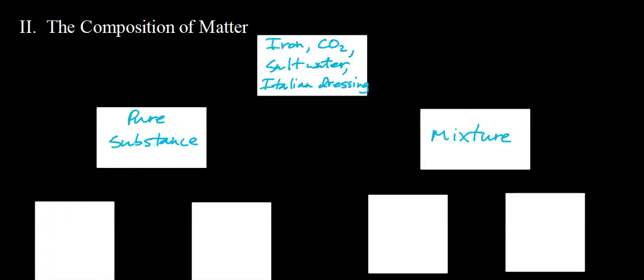Let's start off with four substances. Suppose we have iron, carbon dioxide, salt water, and Italian dressing. Remember that all matter can be classified as one of two things, either a pure substance or a mixture. Pure substances can be divided into two things, either an element or a compound. And for mixtures, we have homogeneous and heterogeneous.